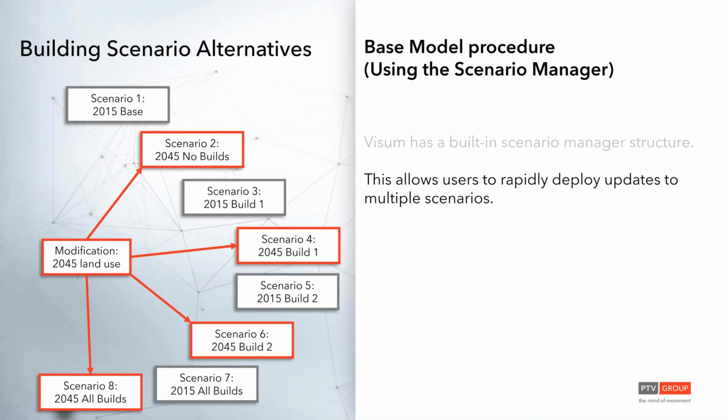These modifications can be whatever you want them to be, but they're just edits to whatever is different from the base network. You'll create various modifications, and then you'll combine them together to give you your future build. For example, you might have a land use update to various zones in your network as a modification, and you'd apply that to all your 2045 models.